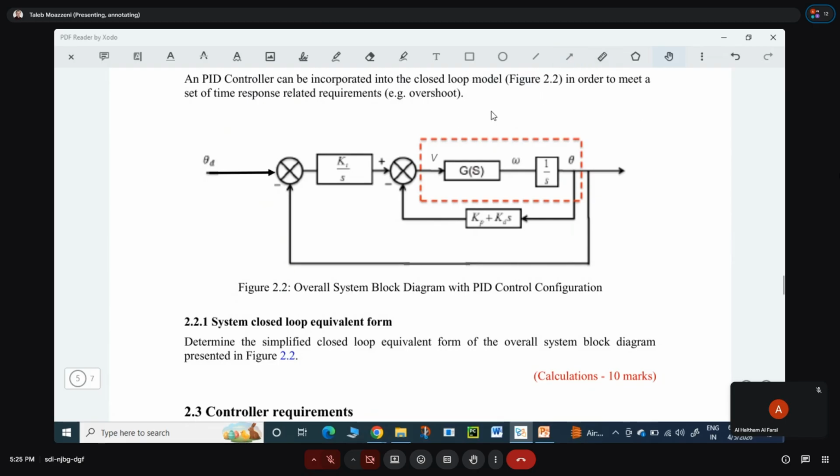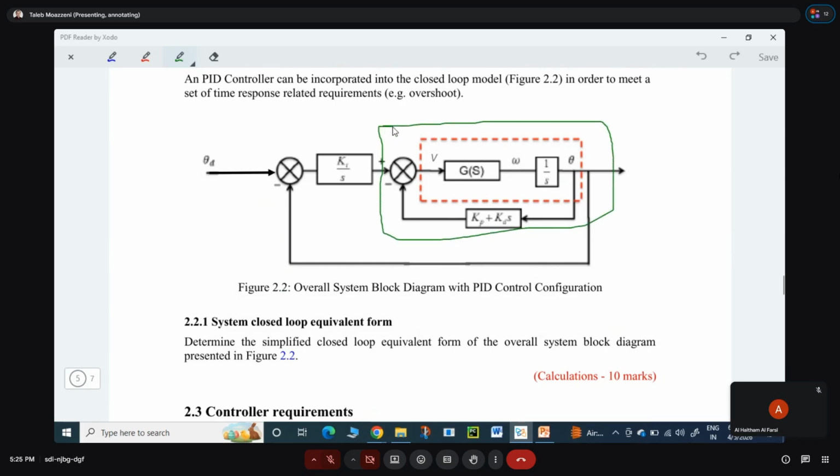So yes, here, let me show you. First we will find this in this rectangular dashed line. Then we will find the transfer function for this part. We have the formula G over 1 plus GH. This is all G, this is H. So you will find the transfer function for this.